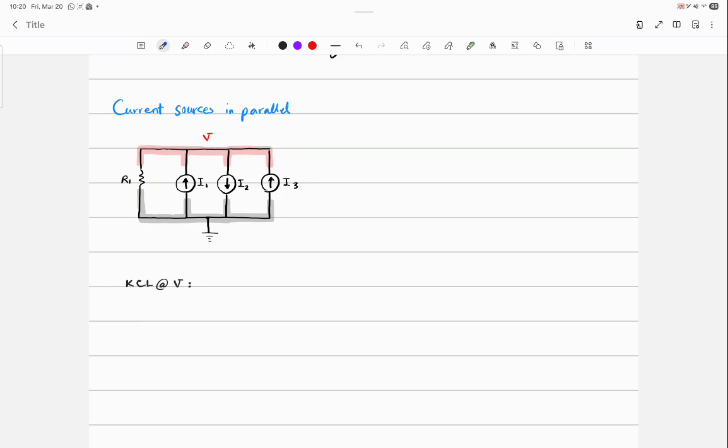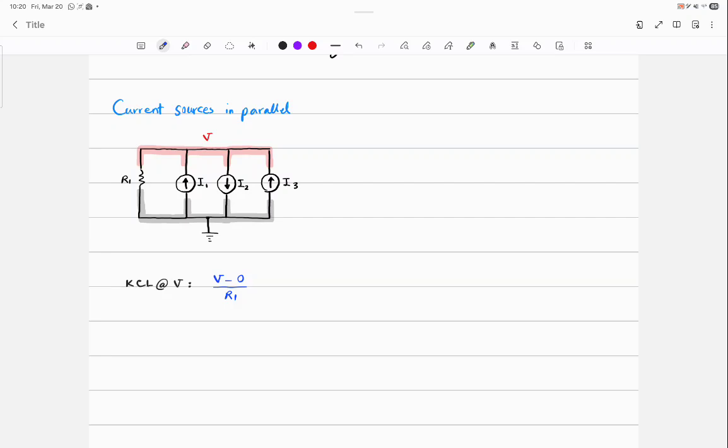V minus 0 over R1. Yeah? Do you remember the red box? If you don't, refer to that. If you haven't seen it before, then there's something wrong. Okay? So go to the previous lecture. This is super important, the red box. So V minus 0 over R1. Next, Ernest.